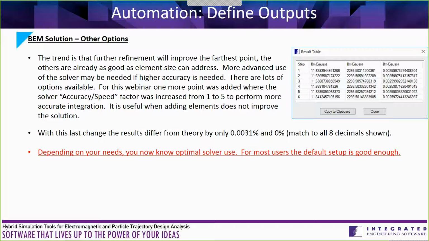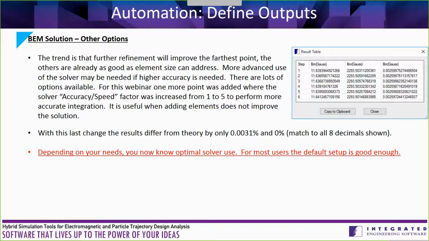So when you hit a limit where more and more elements isn't good enough, it's basically saying that the way we perform the numerics isn't accurate enough for your needs. So if you need extremely high precision and refining the elements hasn't done it for you, we can increase this number. And as noted here, the numbers now become accurate to all 8 decimal places shown once we increase that number.